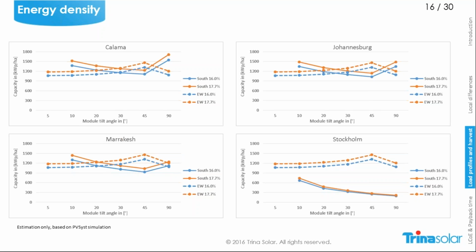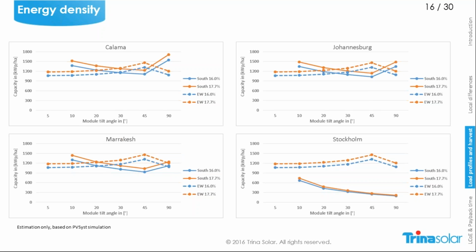I have here basically two curves. The blue one is always a module having an efficiency of 16%, and the orange one are modules with an efficiency of 17.7%, for example the mono products we are offering.